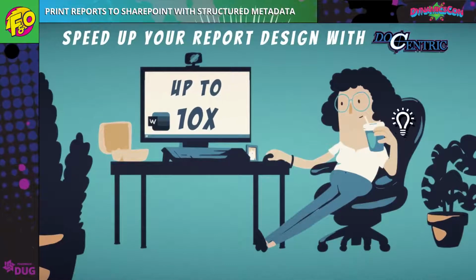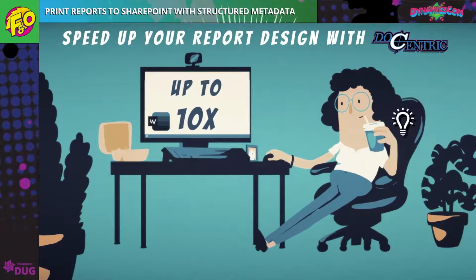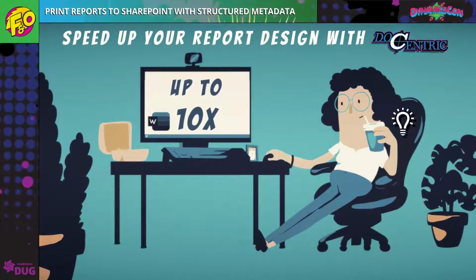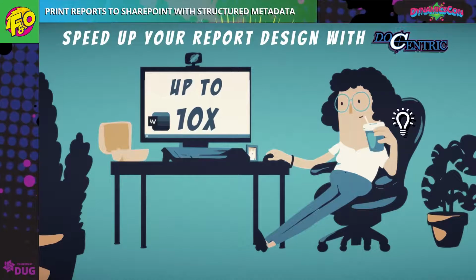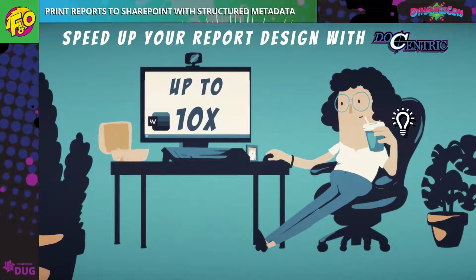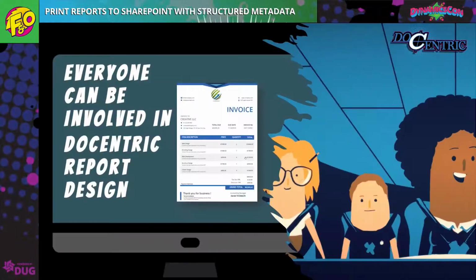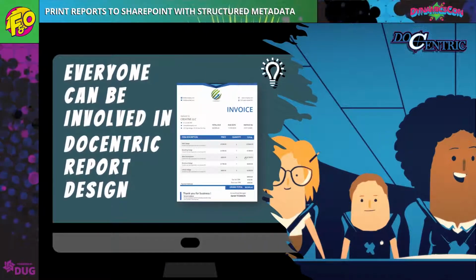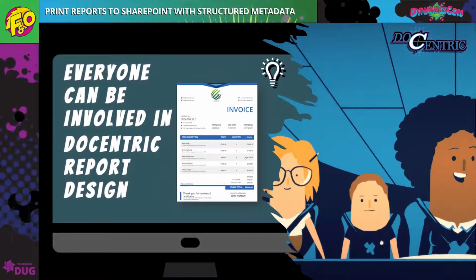With the Docentric Designer, you can speed up your report design up to 10 times. So you can sit and relax as our Mary is doing now on the screen. And instead of creating your reports for days, you can be done in a matter of hours. And this is possible because the Docentric Designer uses familiar Microsoft Word with our enhancements. And the best part of all is that everyone in your organization can be included in the report design.